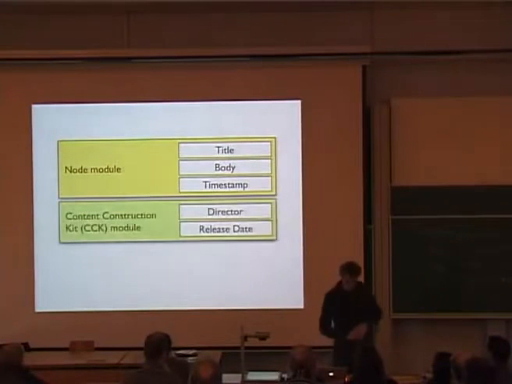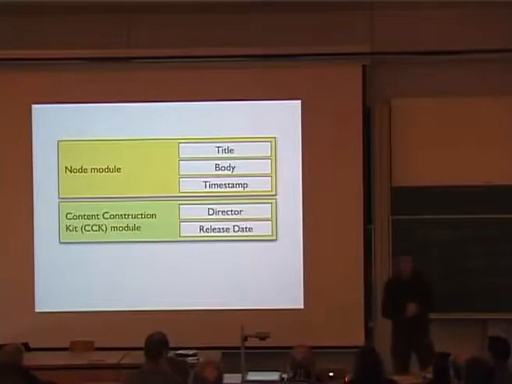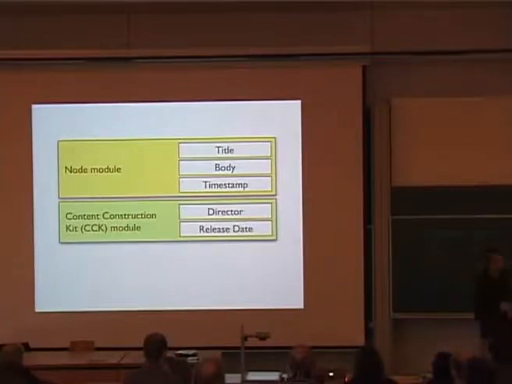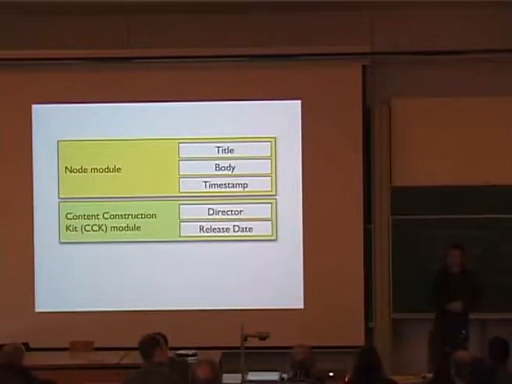Then we also have something called the CCK, which stands for the Content Construction Kit. Okay, so like I explained, modules extend the nodes in Drupal. And the way we typically did that, or can still do, is by creating a module which involves programming PHP to extend the nodes.